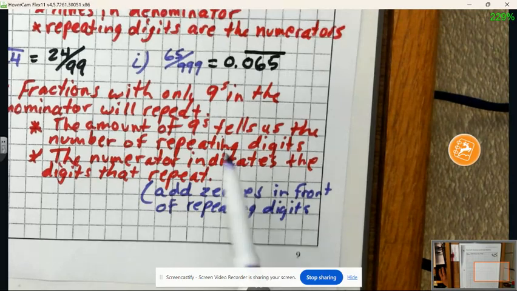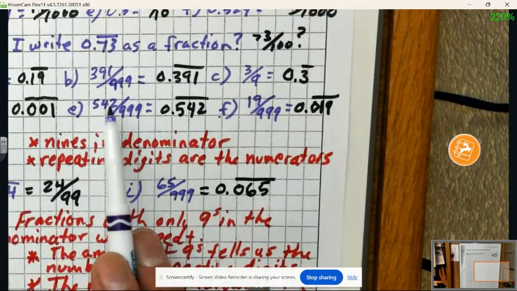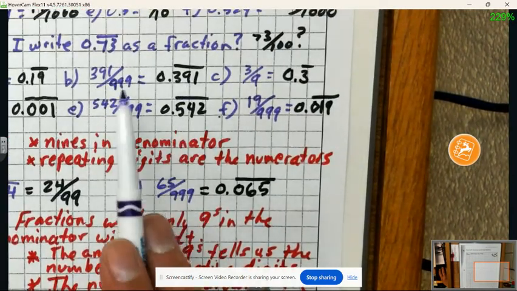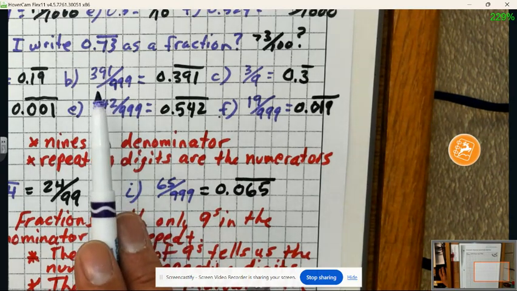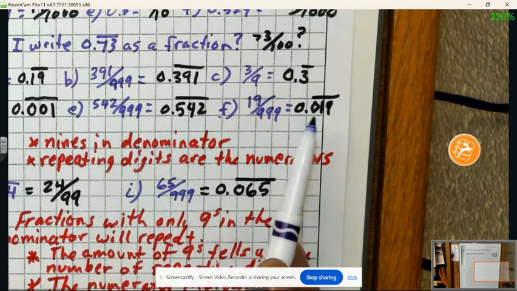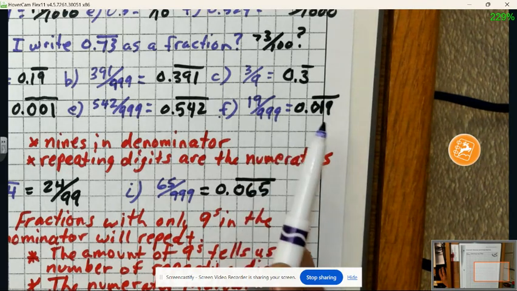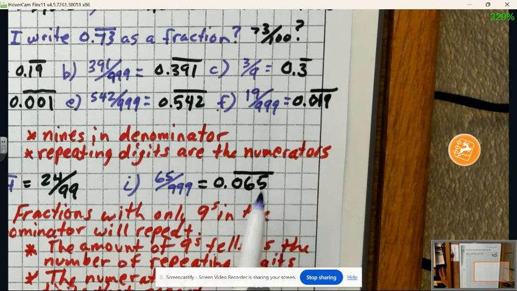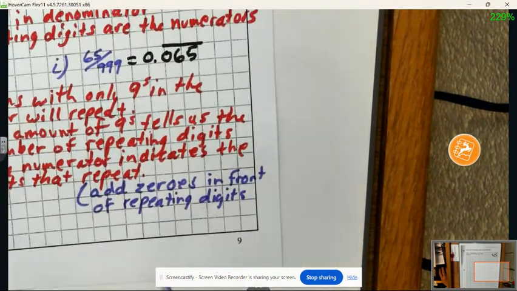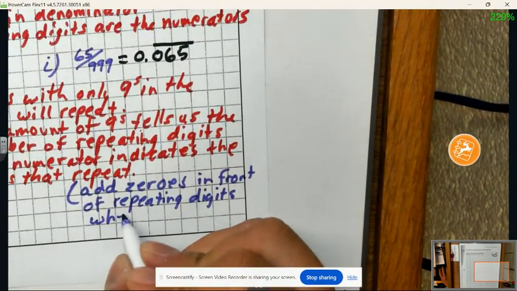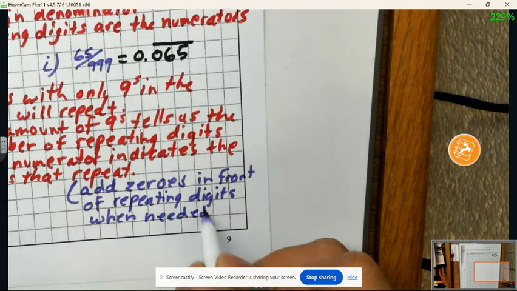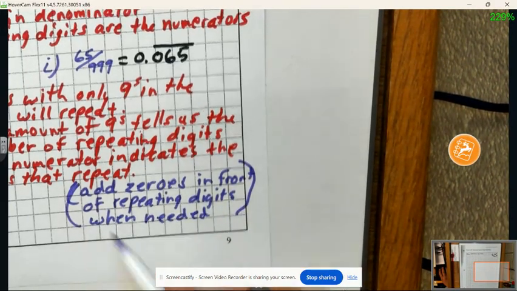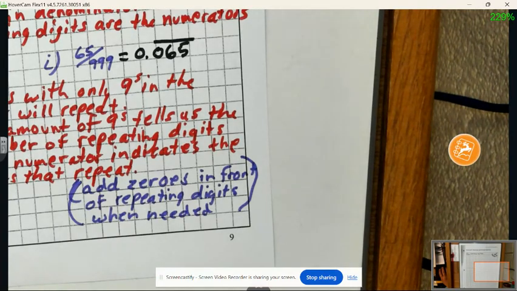And we didn't do it every single time. We didn't do it here, we didn't do it here, because the number of 9s coincides with the number of digits in our numerator. So only when it's needed. 3 9s, we need 3 repeating digits. So throw that 0 in the front of that repeating decimal. All right, so we'll just say when needed. Okay, and this is a very important point.